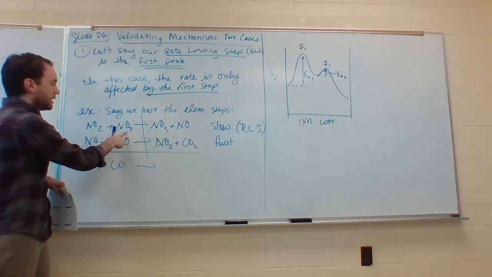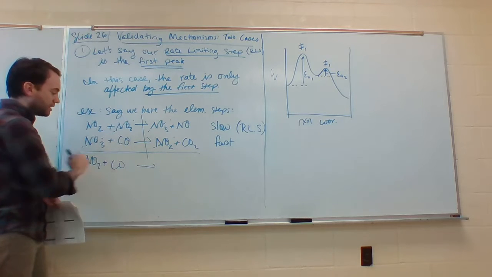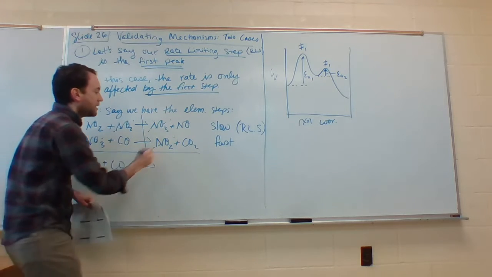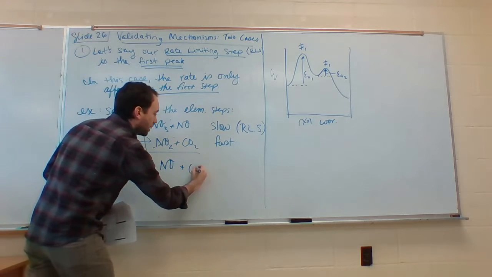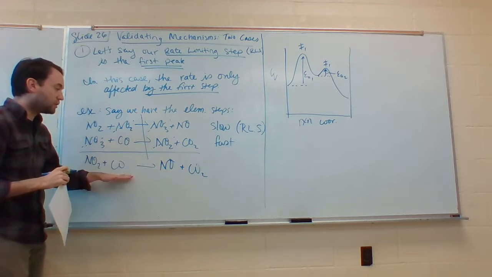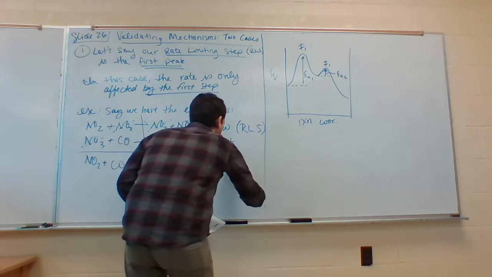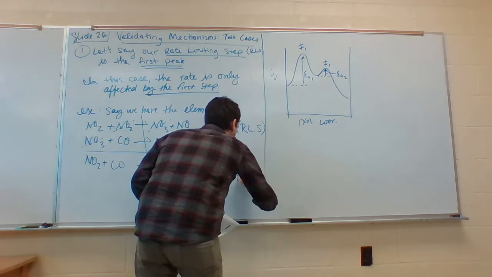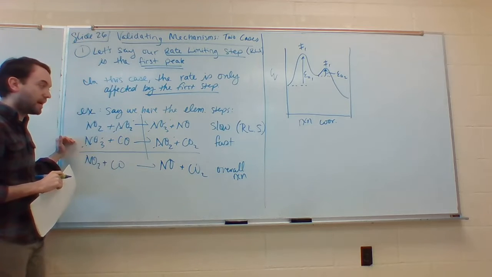Since the NO3 and the NO2 got canceled, we only have one NO2 and a CO on the left. And then on the right, we have one NO and one CO2. This is our overall reaction. Again, we got our overall reaction by adding up our elementary steps.